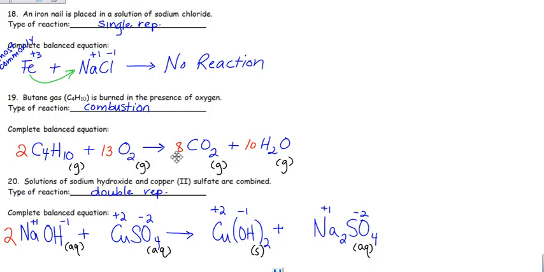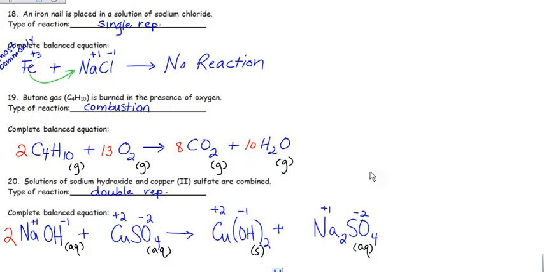So then I doubled this so that it was 8 carbon, 10 hydrogen, 10 times 2 I should say, for 20. Which then if I double my original butane, I could get this to work. There would be a total of 26 oxygen on both sides. 13 times 2, and then here's 16 and another 10.